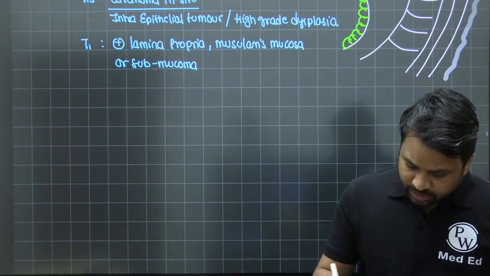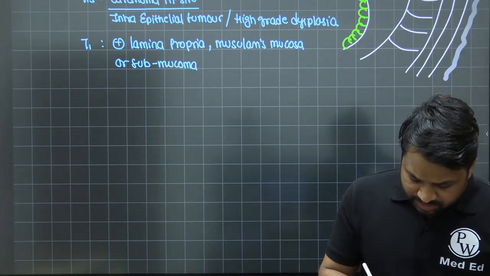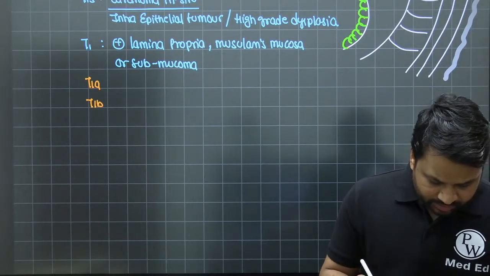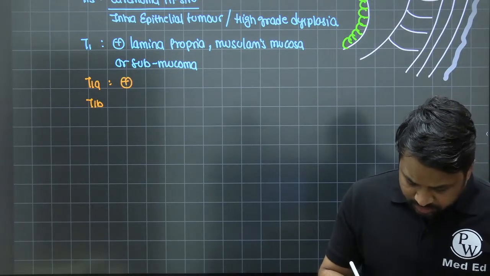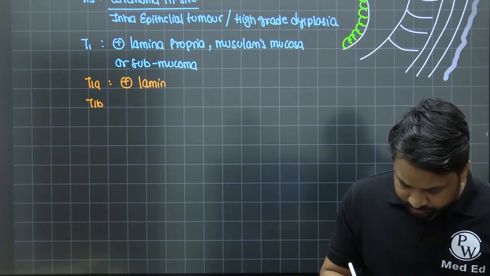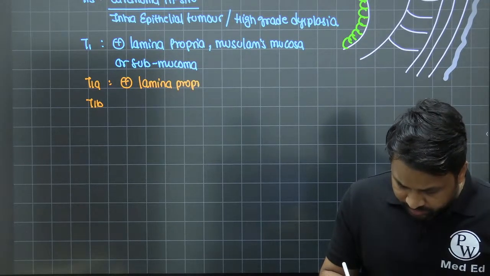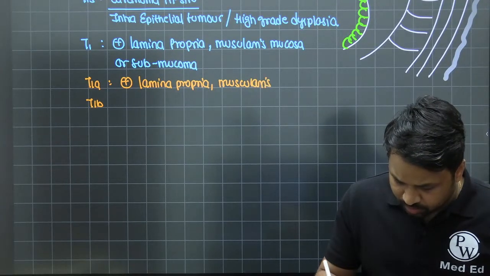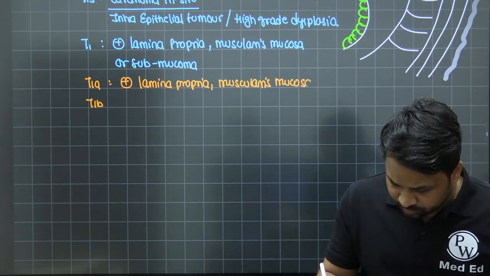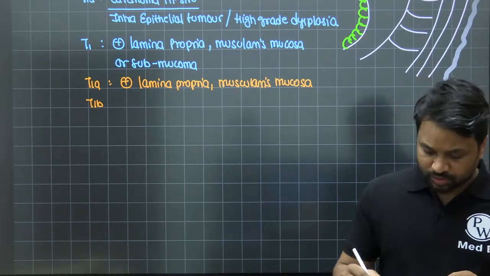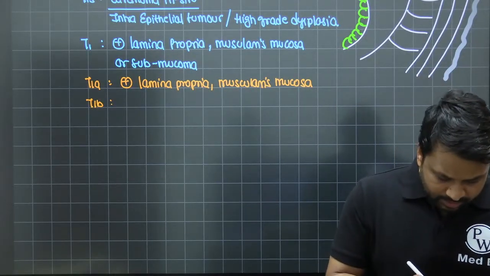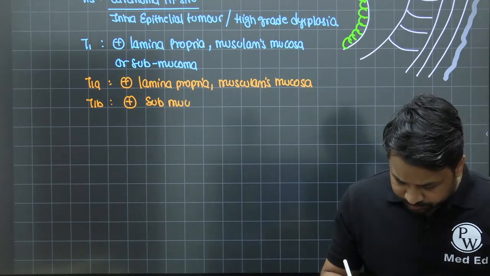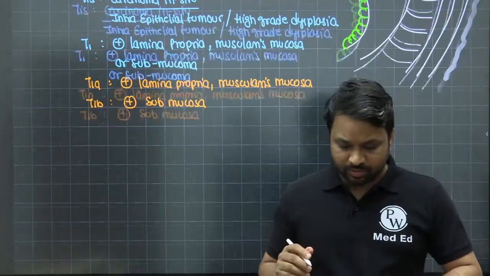Now, this is divided into two subvariants, that is T1A and T1B. What is a T1A? Where it is involving the lamina propria or the muscularis mucosa. T1B, on the other hand, is if there is involvement of submucosa.